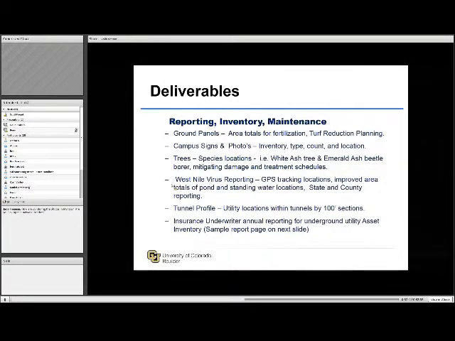I've set up a query here for running ash trees and put that on the screen. And if I put the line weight on, you'll see the red ones. So here's an ash tree, and if you click on that, you'll see information that's recorded about it.